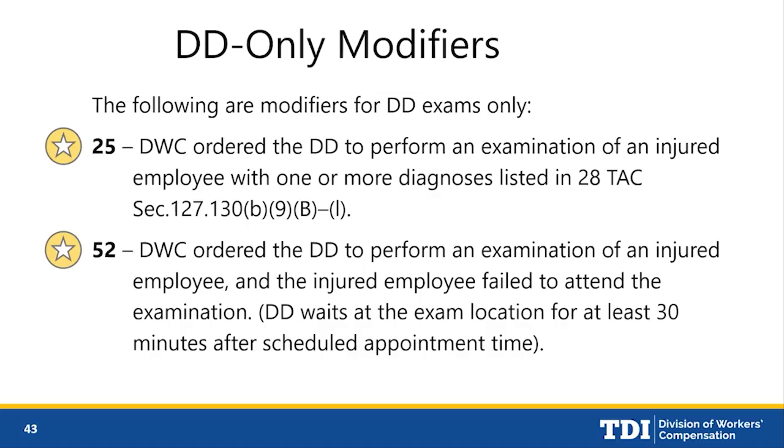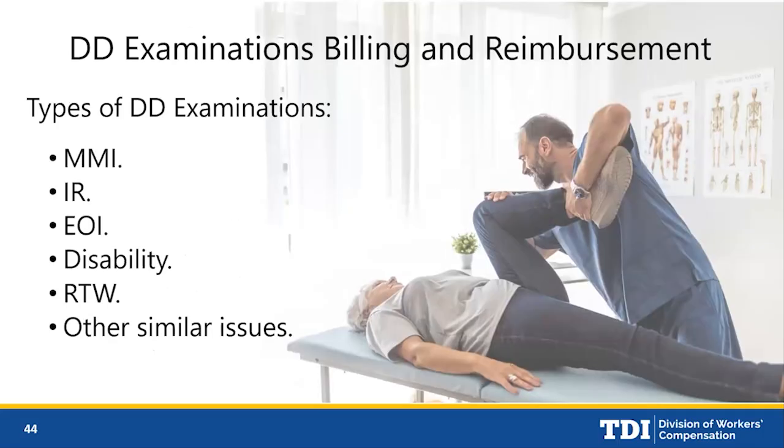So 52 is the modifier for missed appointments for designated doctors. So this is when a designated doctor, maybe they've traveled to the far reaches of Texas, they waited at that exam site for at least 30 minutes after the scheduled appointment time, and then the person didn't show up. Again, all of this needs to be documented, that you stayed at the exam location for 30 minutes or more to support the charge for that missed appointment. And again, DD only.